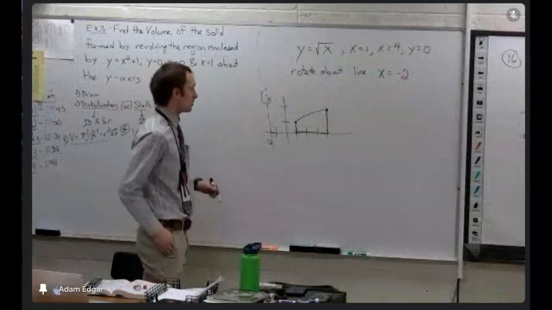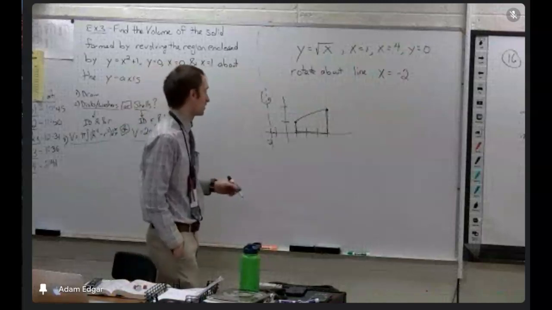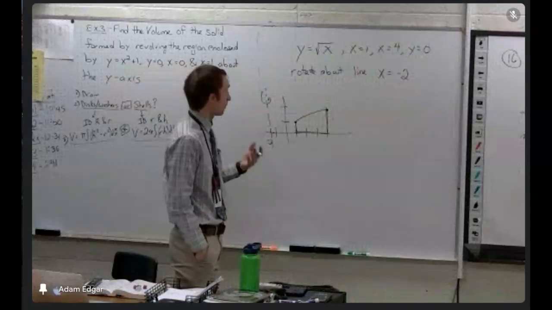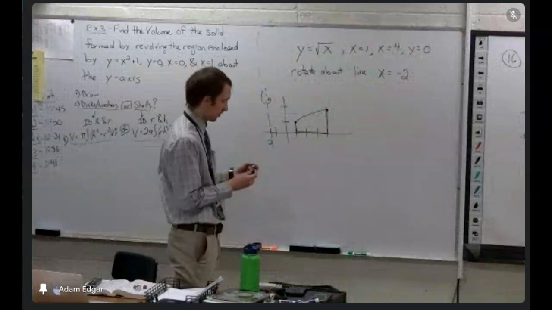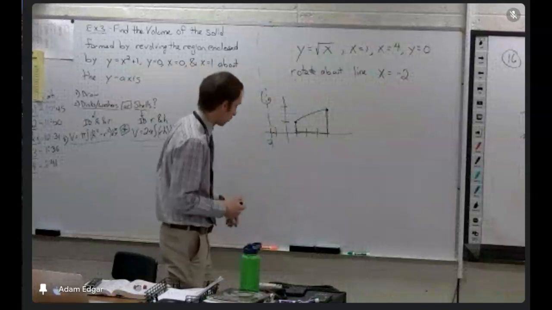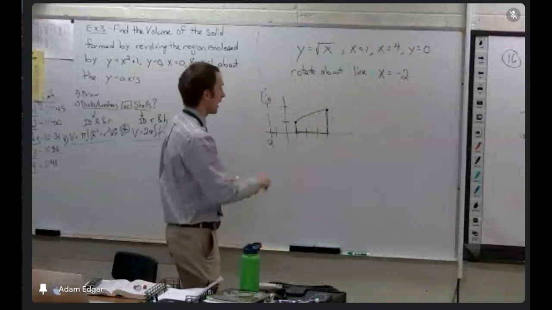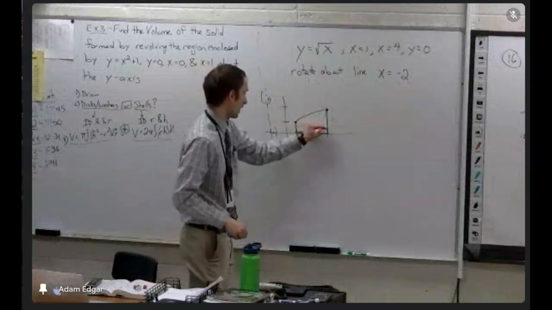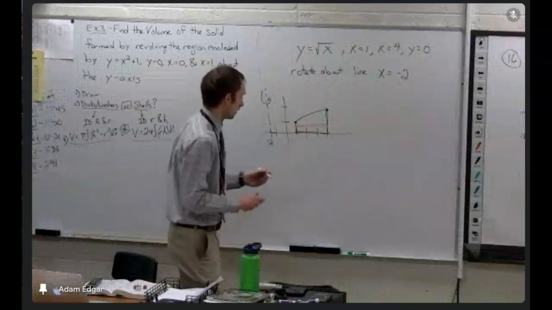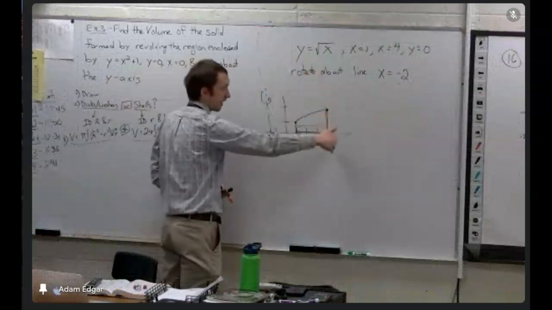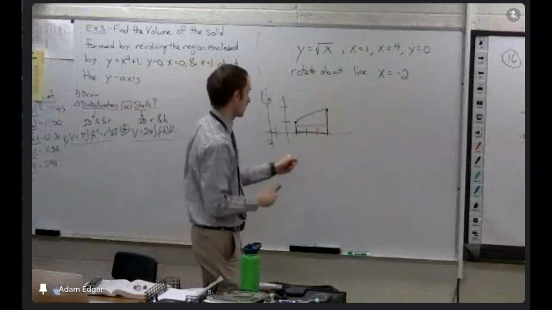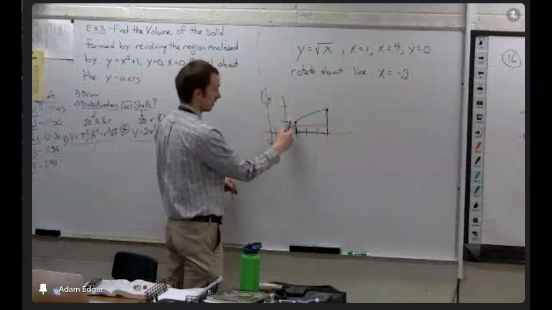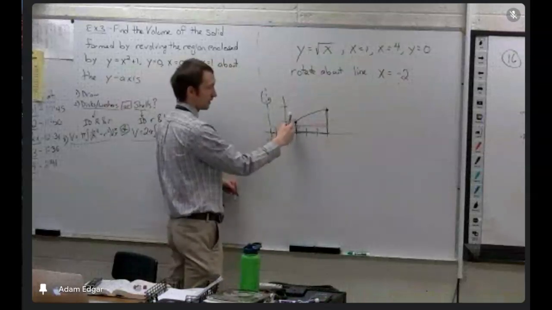We're doing shells. Why do we want to do shells? Actually, this is a good example to do shells. If we were going to do discs and washers, then we would have to write things perpendicular to the axis of rotation. And let's see what happens when we do that. That's bad because while the outside edge is always 4, and that's not terrible, the inside edge is 1 until you get up here, and then the inside edge is the curve.